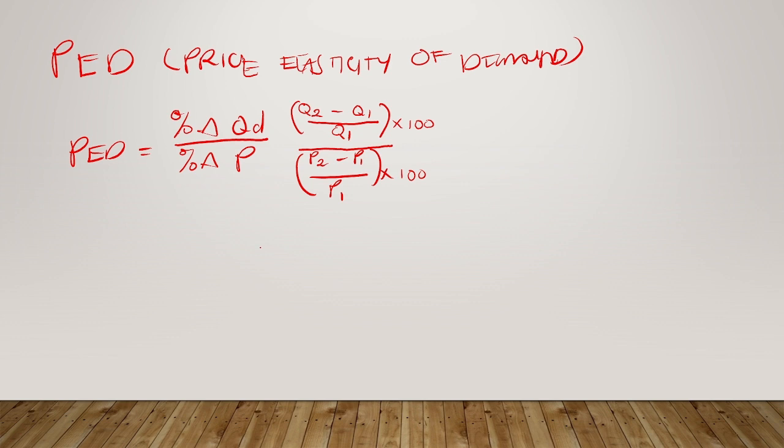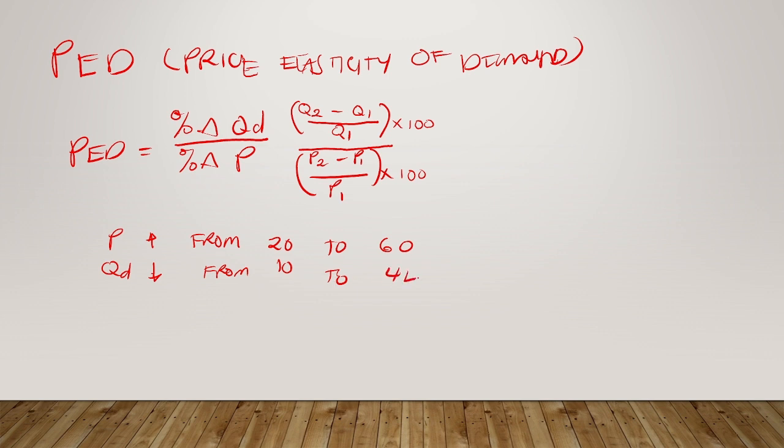Now, say for example, the price increases for milk from 20 pesos to 60 pesos. Then the QD decreases from 10 liters to 4 liters.